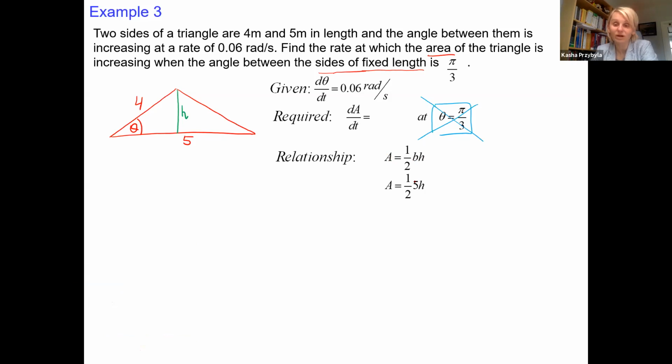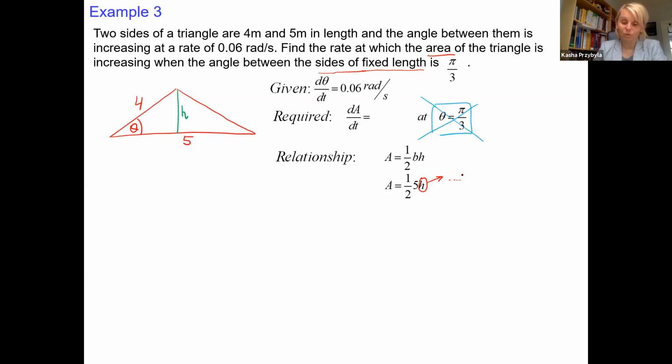Then I have 1/2 times 5, because 5 is fixed, and h. And now Noah is saying, yes, we have to relate h to theta. That means we have to rewrite h in terms of theta.